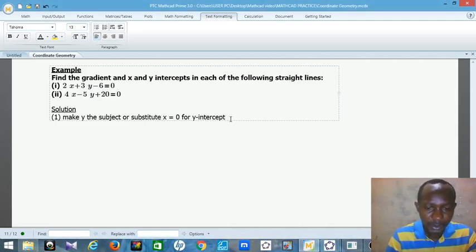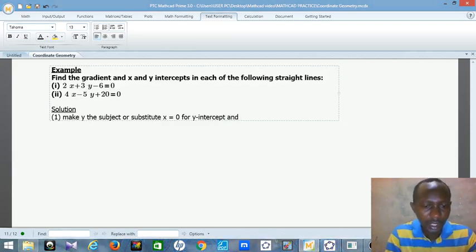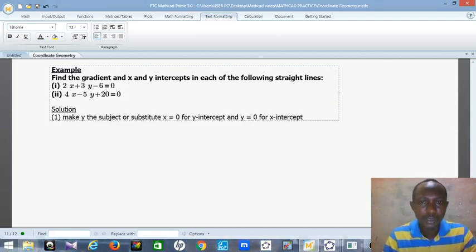If you want to get the x-intercept, substitute y equal to 0 for x, because sometimes they may ask you to find the x-intercept. It's not only the y-intercept.